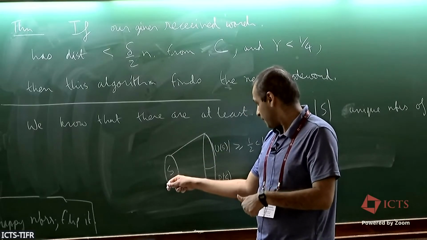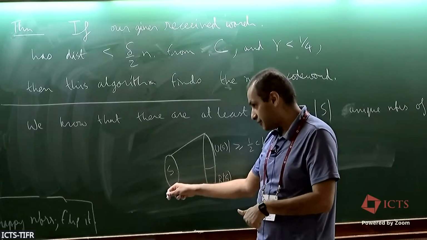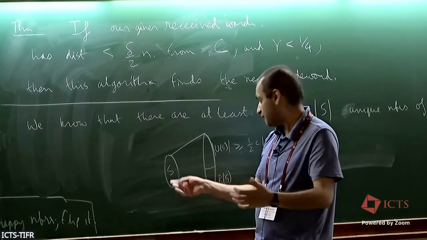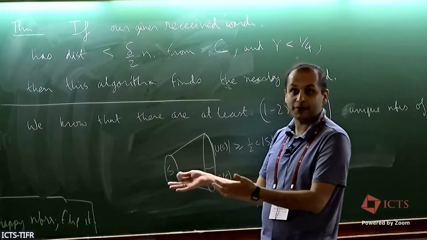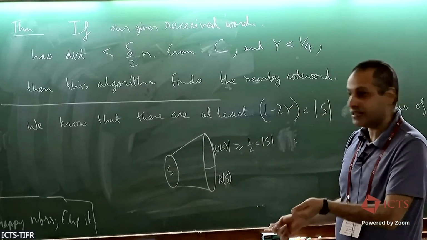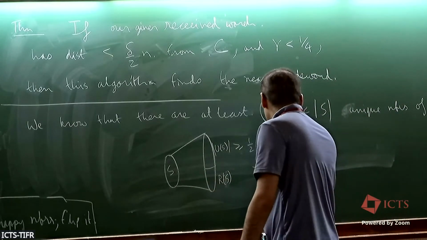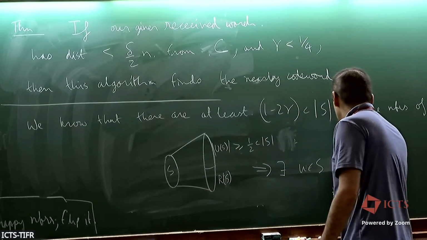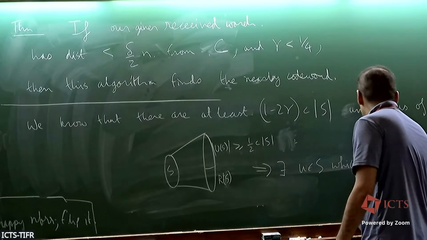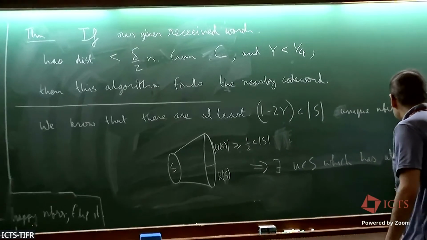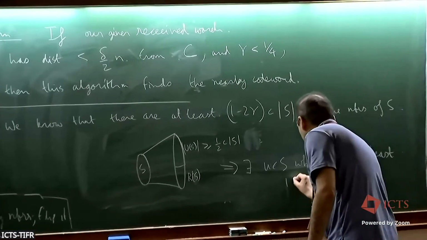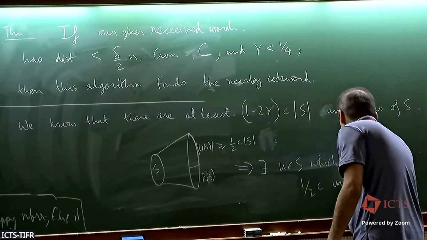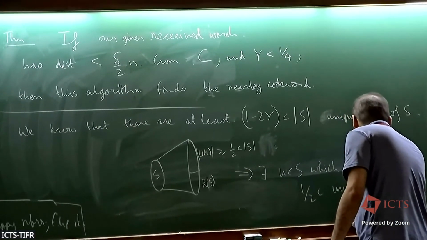So there are totally half CS unique neighbors. Each of them came from different elements out of these S. So the average number of unique neighbors per vertex is at least half C. So this implies there is some U in S which has at least half C unique neighbors.